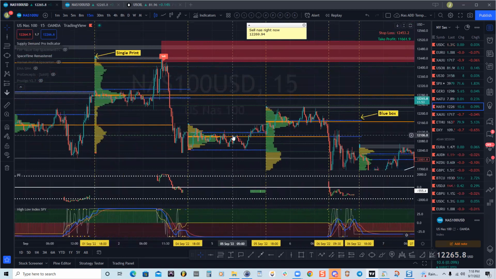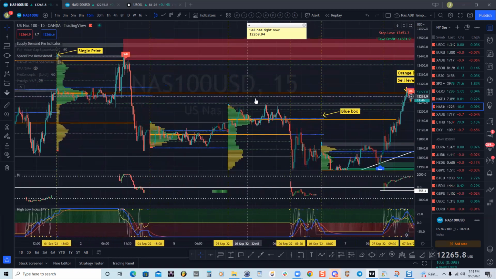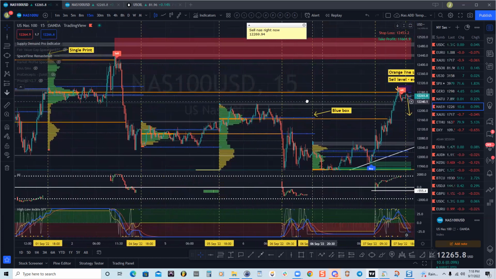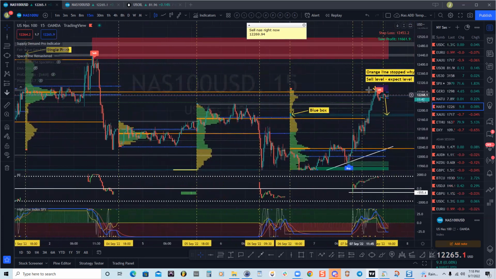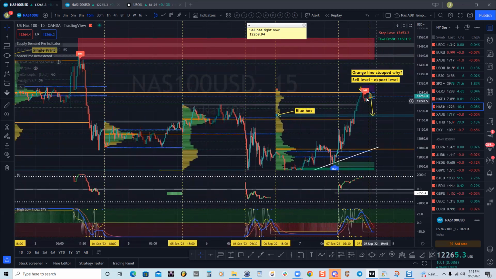Then you got one over here. But if you just look at this PLC here, the next time it hits, it's right here. And what's happening? It's selling off, right? There's a little bit of a pullback, but it's going to sell down. This is the sell area here. So you could have waited and got a sell right now.